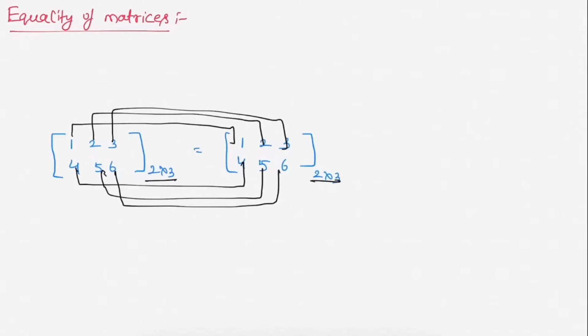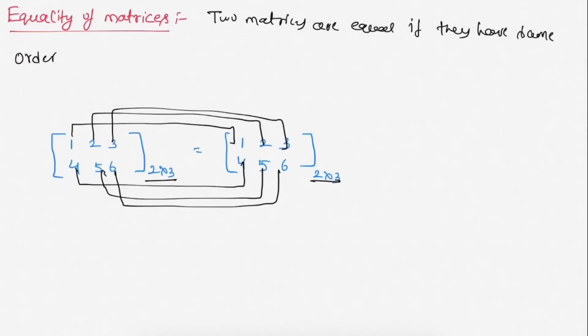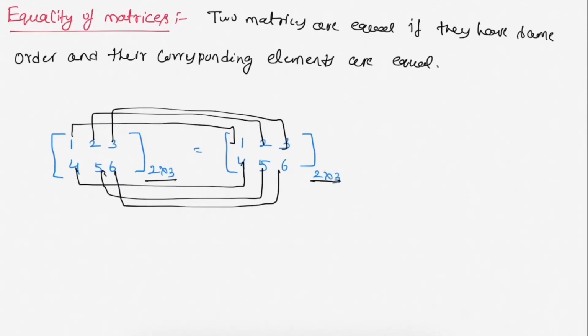So finally we can say that two matrices are equal if they have the same order and their corresponding elements are equal.